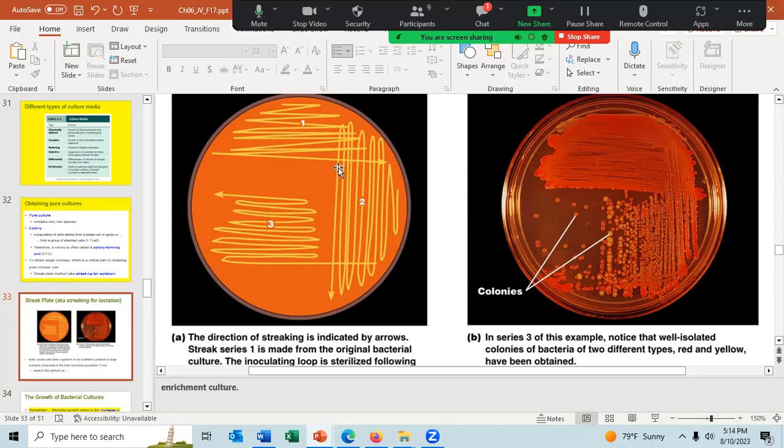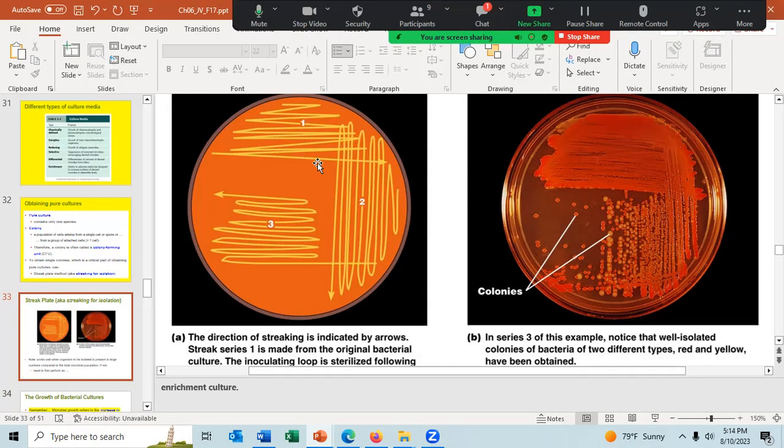Not a lot, but you are diluting it some because there's going to be cells that leave the loop and enter the plate as you're streaking the plate. And then you take your loop and you sterilize it by putting it in the flame or in the Bacto incinerator, get it red hot. That kills any of the cells.